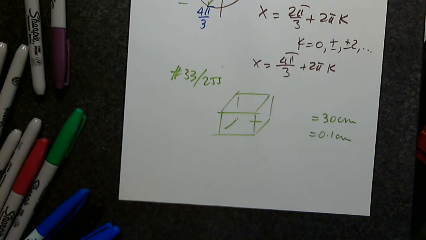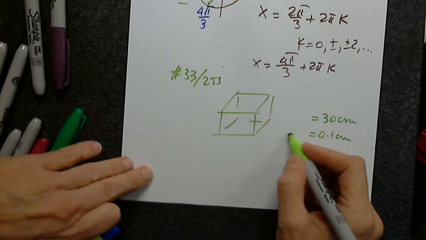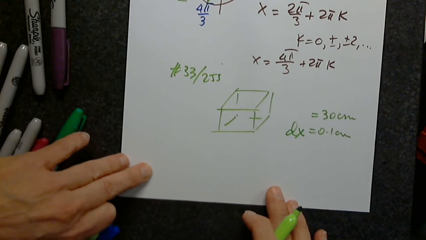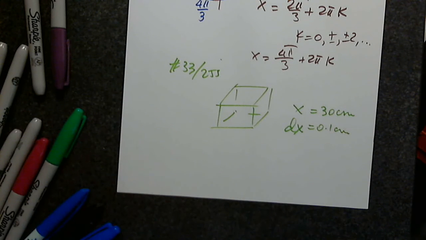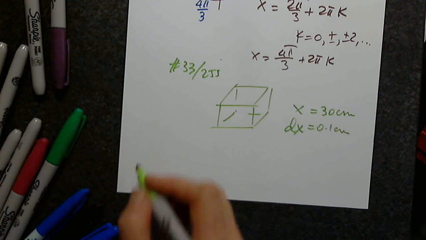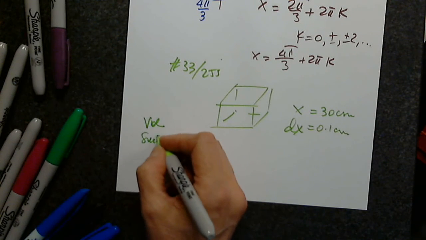So 0.1 is the difference, dx. Perfect. 30 is x. If 0.1 is the error in x, then 30 must be x. Use differentials to estimate the maximum possible error, relative error, and percentage error for computing two things, volume and surface area.